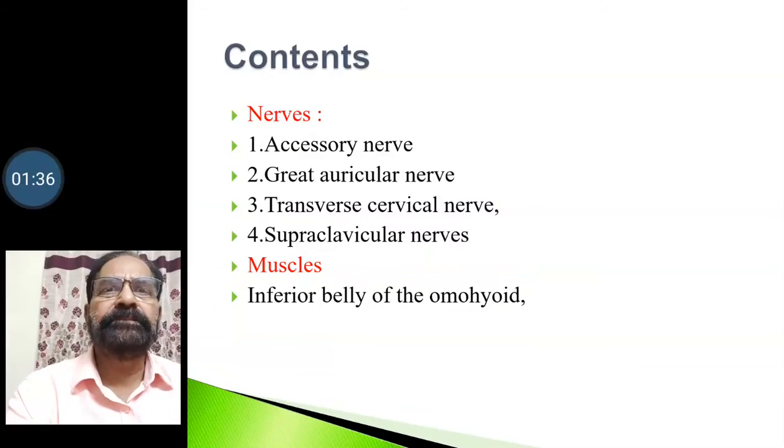Continuing, we have nerves: the accessory nerve, great auricular nerve, transverse cervical nerve and supraclavicular nerves. And the muscle is the inferior belly of omohyoid.